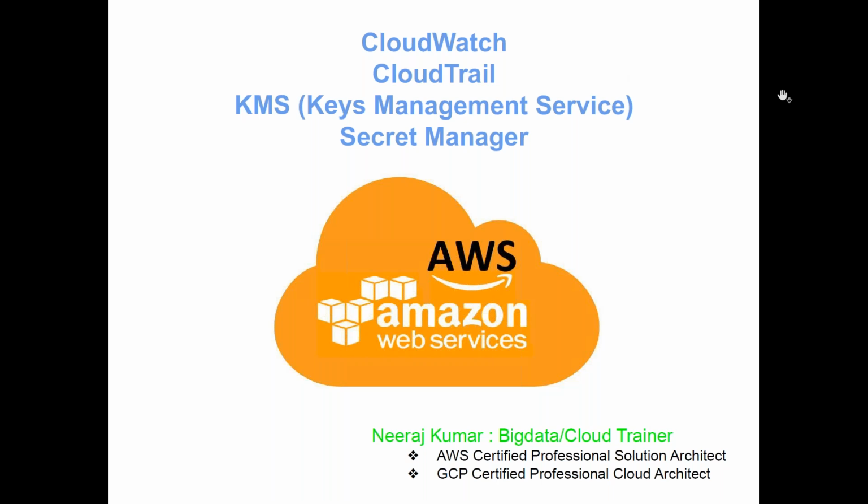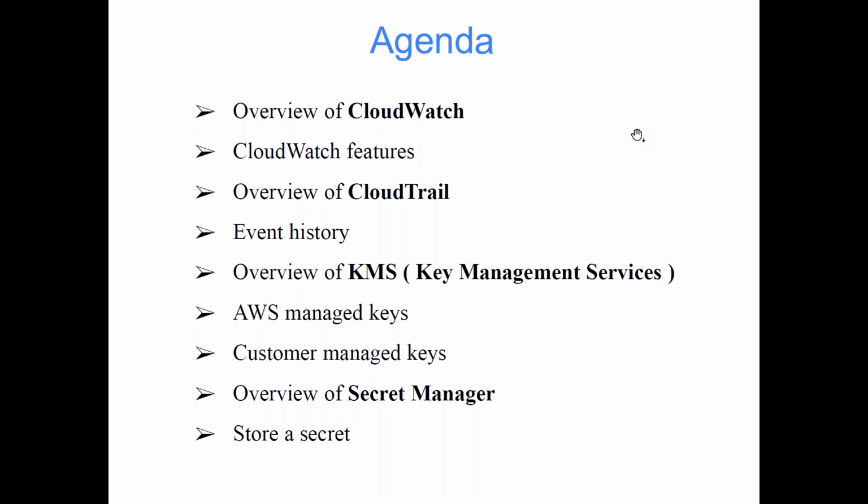So we'll be starting with CloudWatch. As the name indicates, it is watching all of your services. It maintains the logs from all the services. So let's start the class with the agenda.